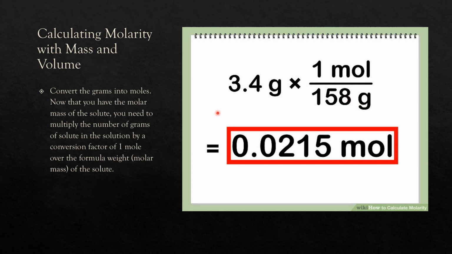A while ago, we had the given 3.4 grams of potassium permanganate in our problem. We just need to multiply that with this conversion factor to derive 0.0215 moles, which gives us the number of moles of the solute for this equation.